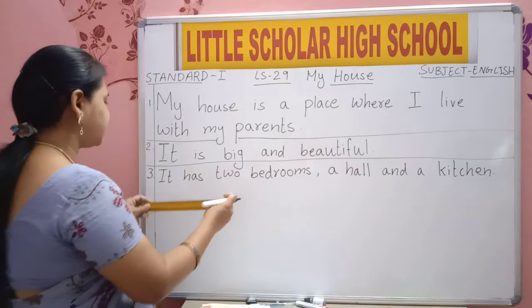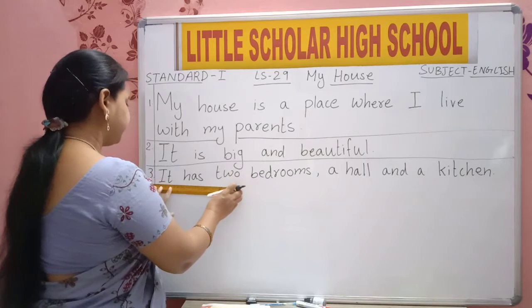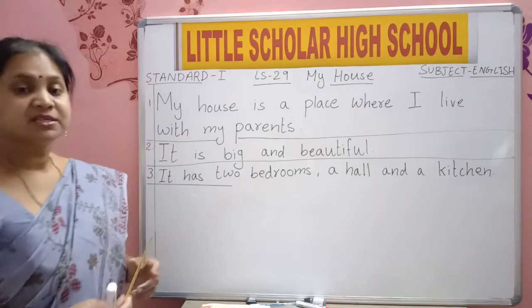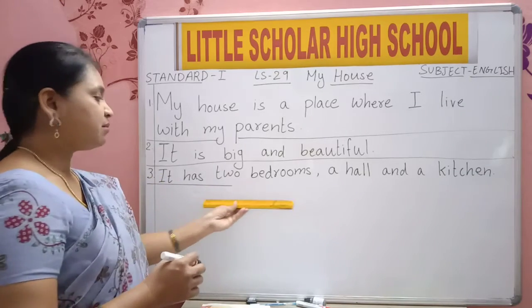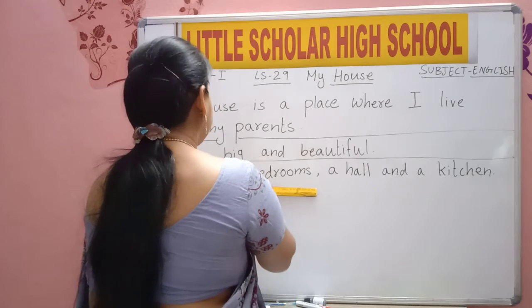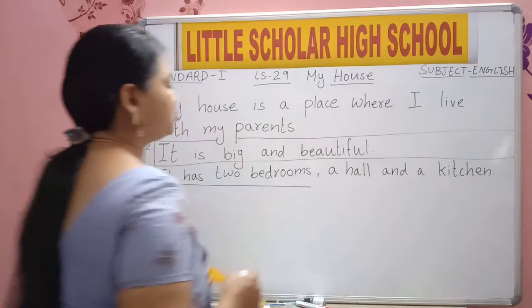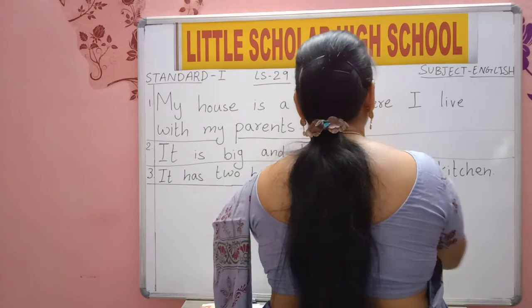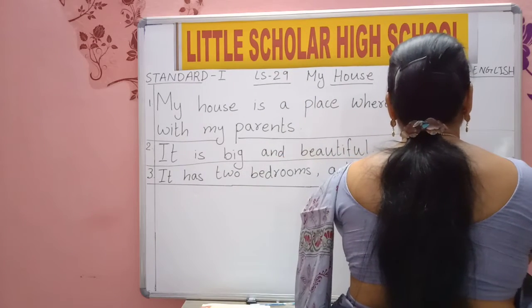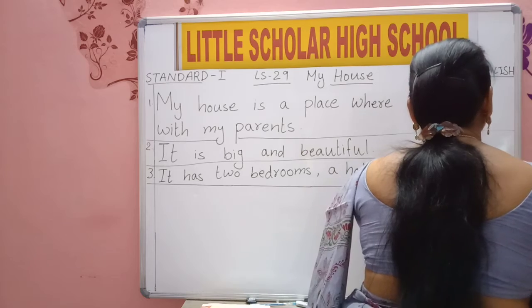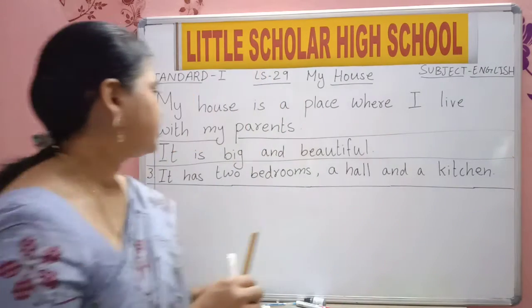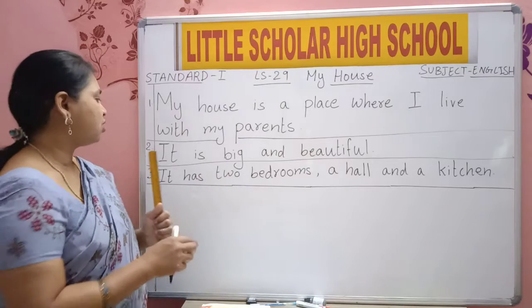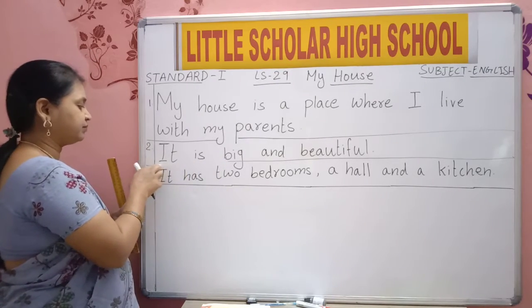Write it neatly, third point in the third line. It has two bedrooms, a hall and a kitchen. Write it neatly.